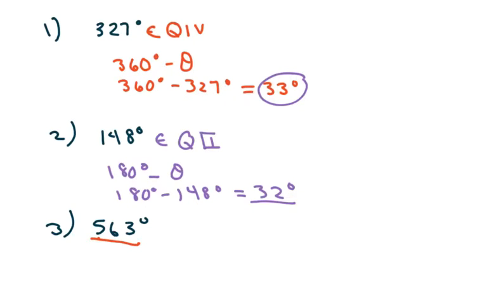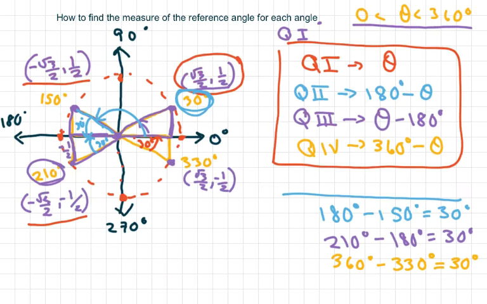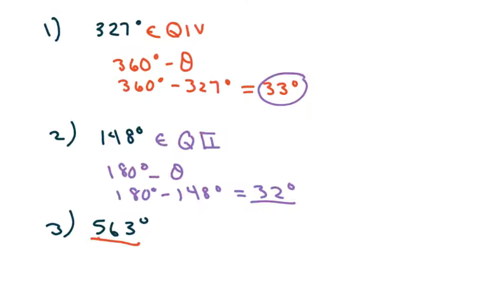Now, the thing here is 563 is not in between 0 and 360, so it doesn't apply. These formulas only apply for 0 to 360. So what I'm going to do is make this coterminal by subtracting 360 degrees first. That gives me 203 degrees. Now I know this belongs in quadrant 3, because it's bigger than 180.